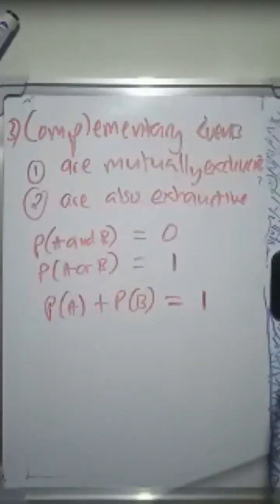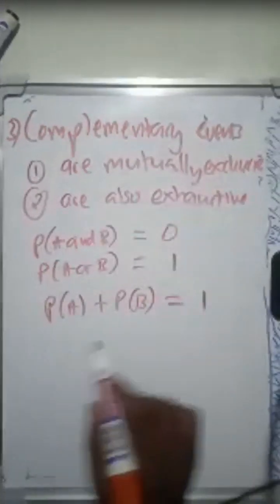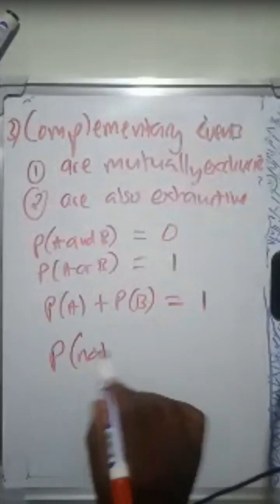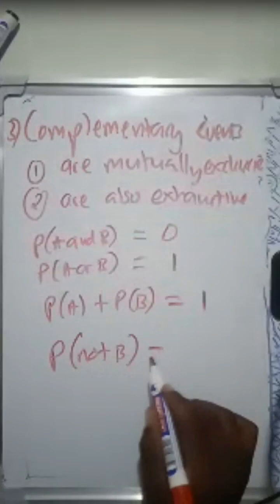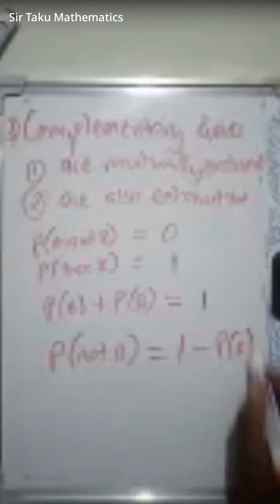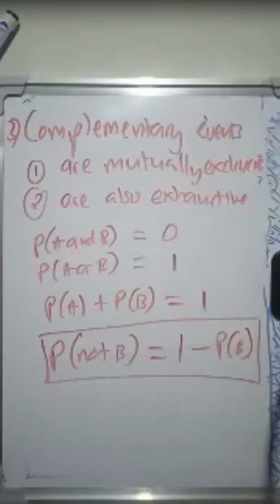Okay? Hence, this is simple. When you're talking about complementary events, for example, if we are calculating the probability of not B, this is simply going to be 1 minus the probability of B. Okay?